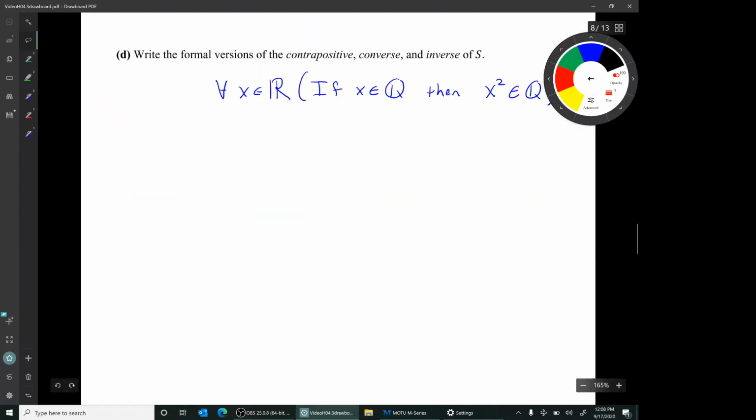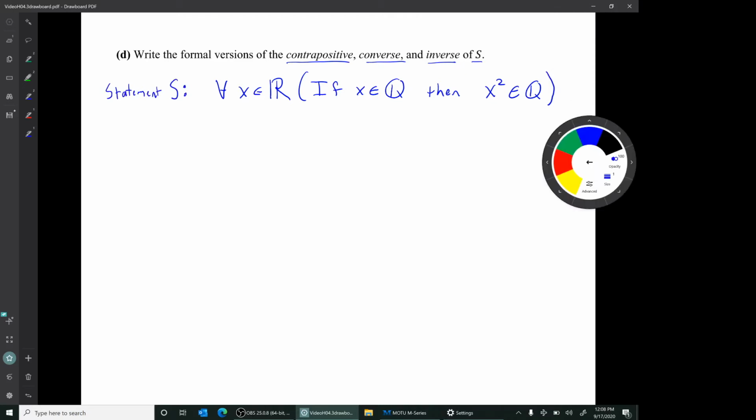Let's go on. Question D says to write the formal versions of the contrapositive, converse, and inverse of statement S. Now I've put here a copy of statement S that we had on the previous page. So notice that statement S is a universal conditional statement.